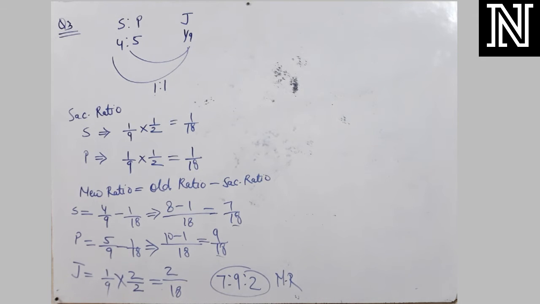But if the new partner share is given, we multiply by that only, so that we get exactly the J ratio that they ask. See, 1/18 plus 1/18 is 2/18, and 2/18 simplified is 1/9. So J's share clearly comes. Due to that we are using this method. Okay.